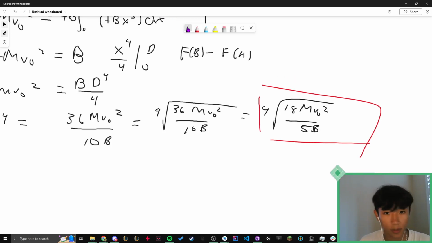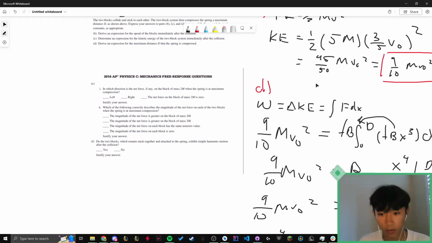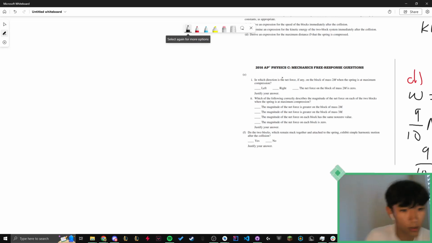Okay, now moving on to the next part. We can just do it over here. In which direction is the net force, if any, on the block when the spring is at maximum compression?